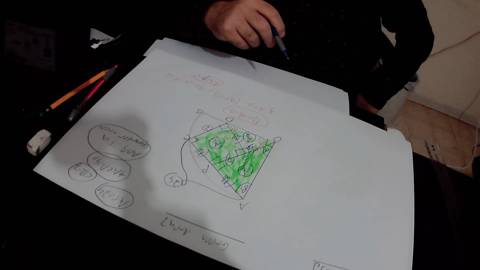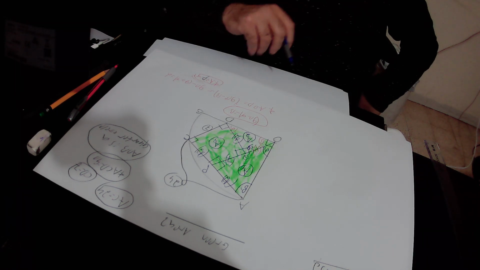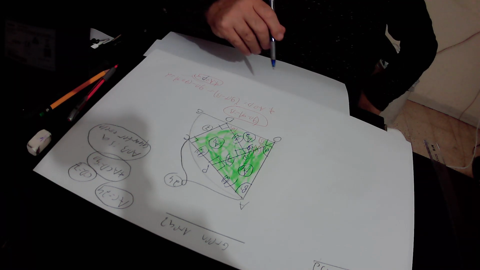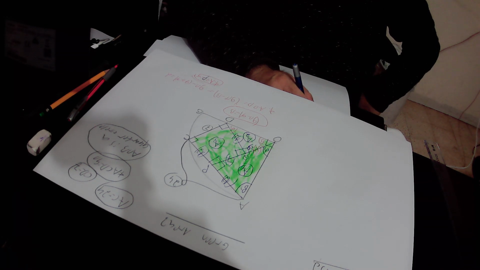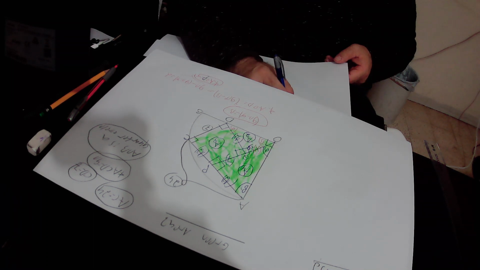So we calculate each area separately. I write it down: the area of the green shape equals A1 plus A2 plus A3.